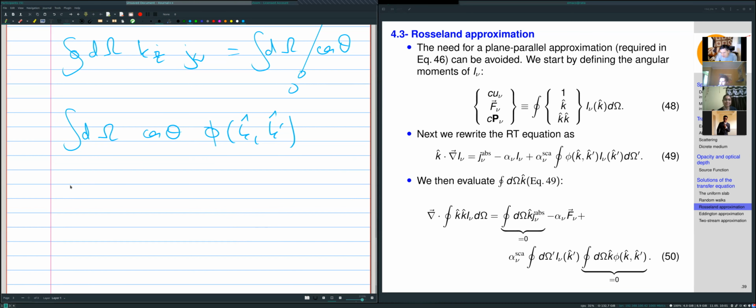I started late, but I'm trying to remember why this last term is 0. Let's see if we have cos theta here. Let's write it down. For some direction k prime, this is going to be d phi times sin theta.